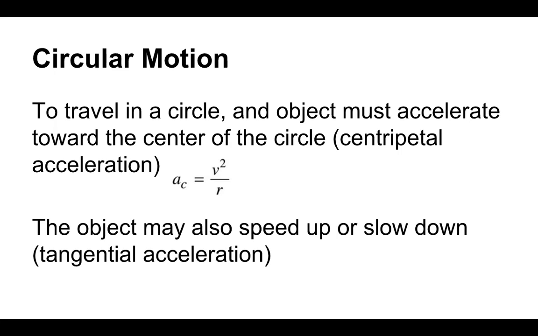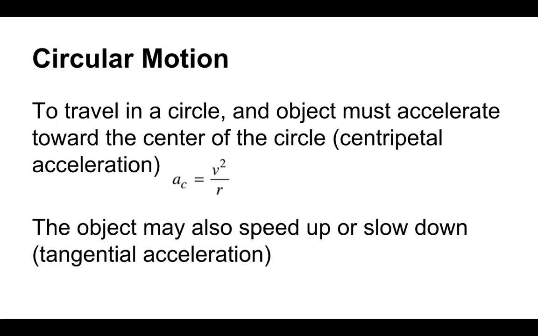Fortunately, there's some work done ahead of our time for the geometry on figuring out acceleration in that situation. So we can just do the speed squared divided by the radius of the circle, and that gets us the centripetal acceleration. There's also the idea of acceleration along that circle. It can be getting faster or slower as it goes around that circle as well. We would call that tangential acceleration.